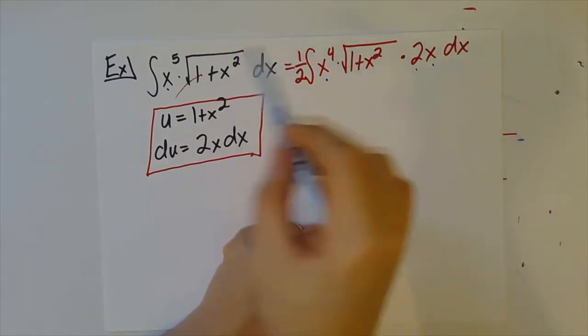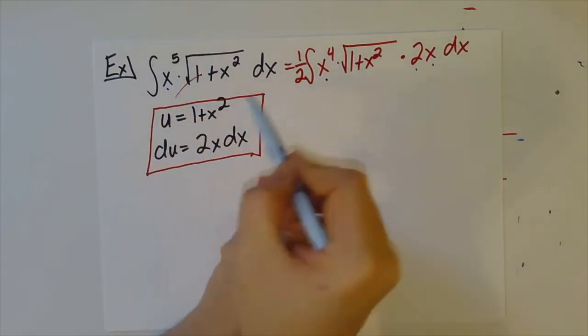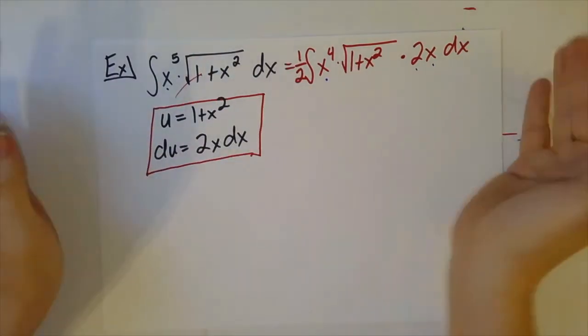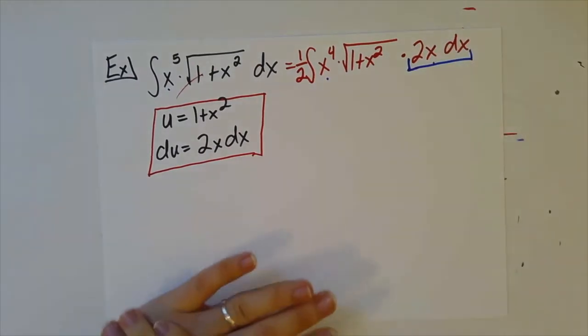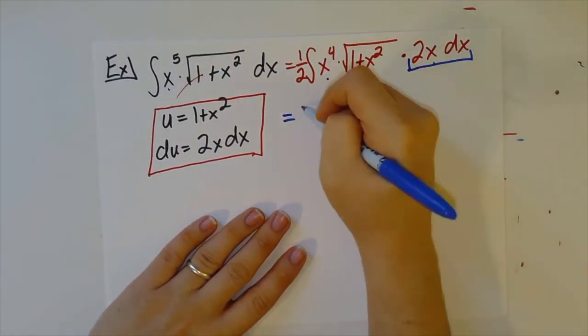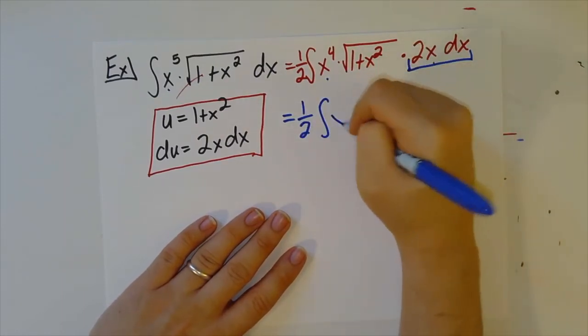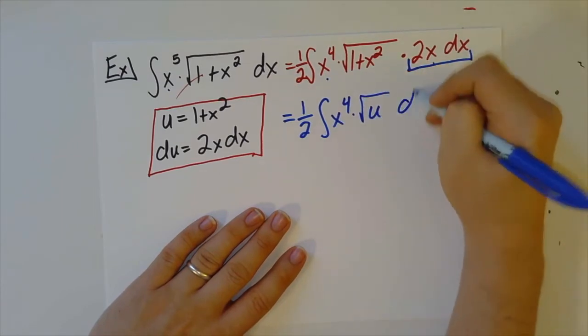So this integral here in red is exactly the same as the integral in black. Not for any calculus-y reasons, I just did some algebra to rewrite everything. And I did all of that so that I could make my du appear here. And so when I do that, I get 1/2 the integral of x to the fourth times the square root of u du.